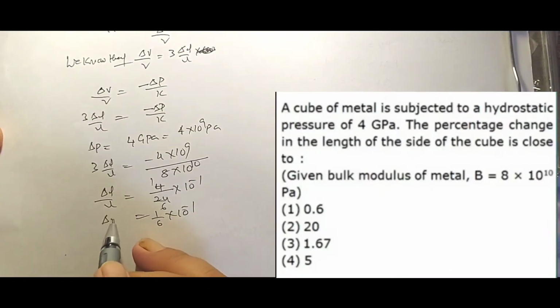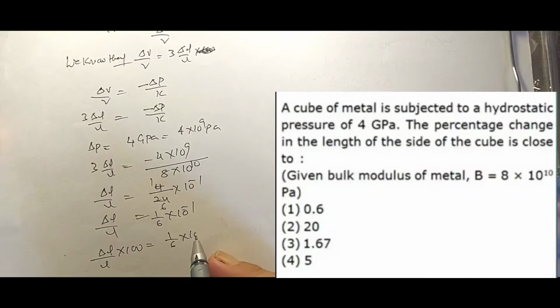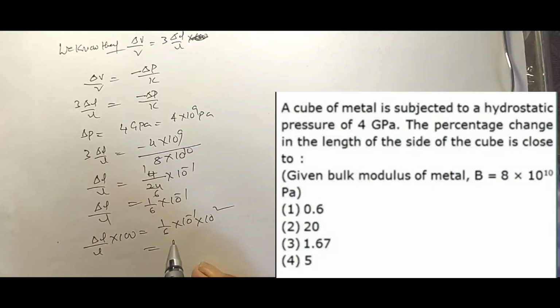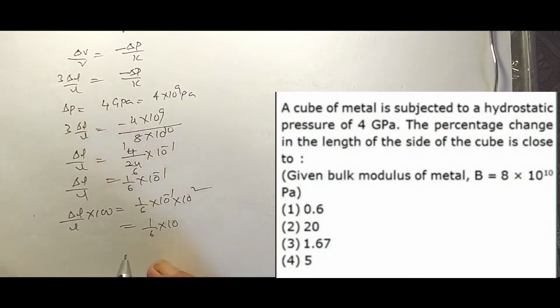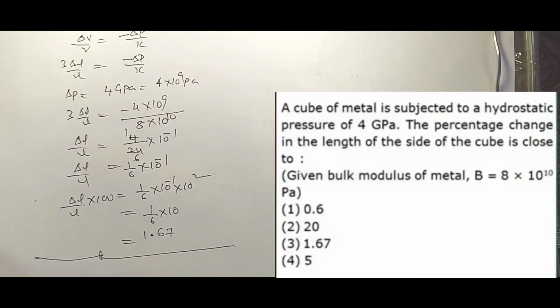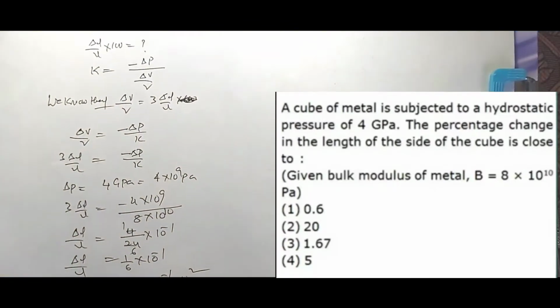So delta L by L percentage change into 100 is equal to 1 by 6 into 10 to the power of minus 1 into 10 square. That is equal to 1 by 6 into 10, that is equal to 1.67.